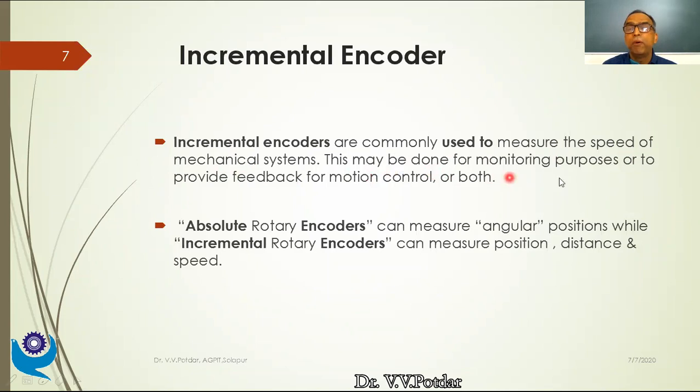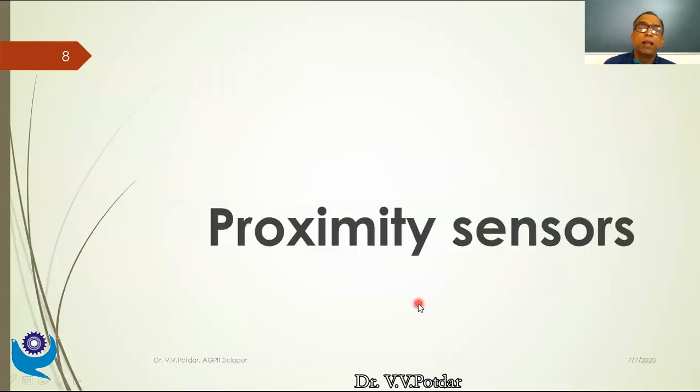This may be done for monitoring purposes or to provide feedback for motion control or both. Whereas absolute rotary encoders can measure angular positions, incremental rotary encoders can measure position, distance, and speed. So this is the differentiating factor between the absolute encoder and the incremental encoder.